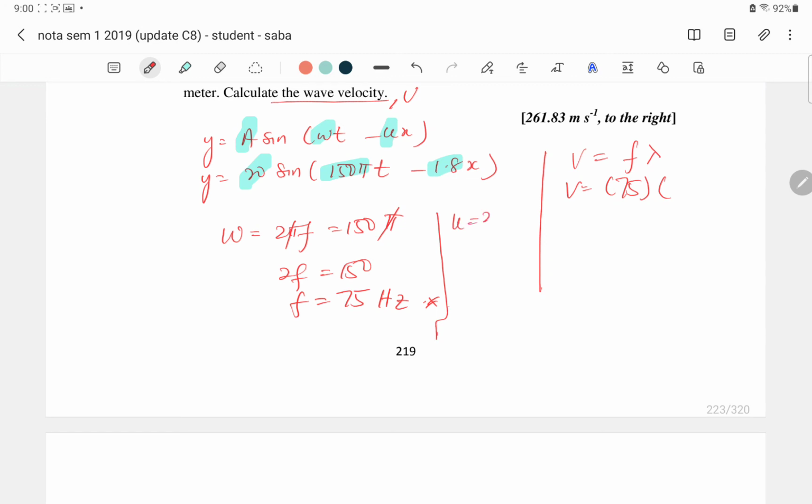Your λ you can have from your k. Your k equal to 2π over λ. 1.8 equal to 2π over λ. So your λ is 2π over 1.8, which is equal to 3.49 meters. So your v will be 3.49 times 75, which is 261.75 meter per second.